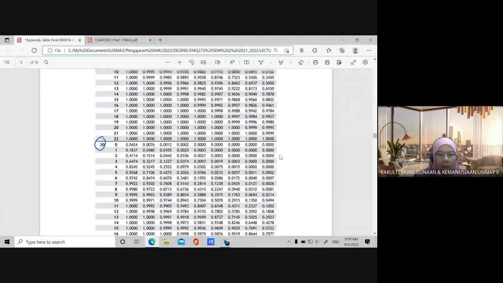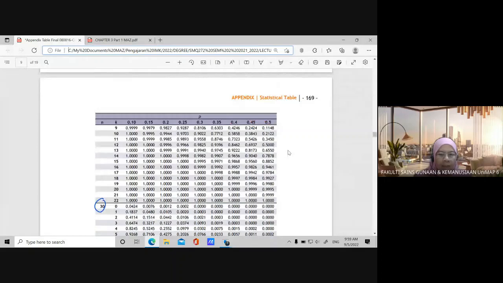Now class, if you check any text, from what we have in our textbook, I believe the same goes for any binomial table. The maximum probability of success given in your binomial table will be 0.5.